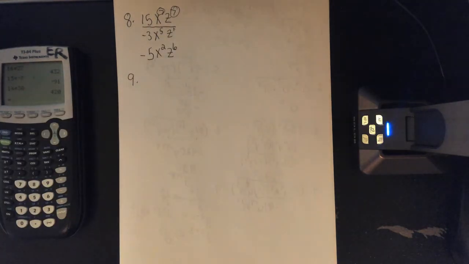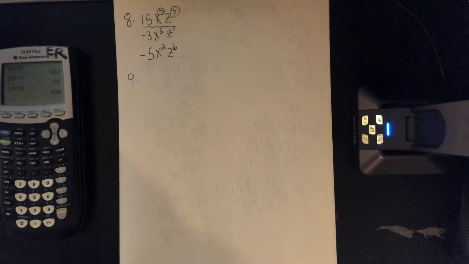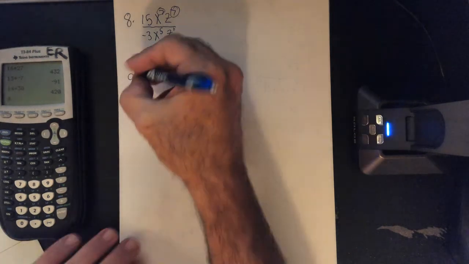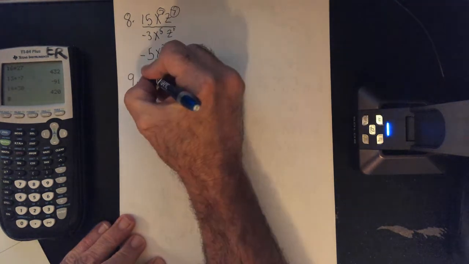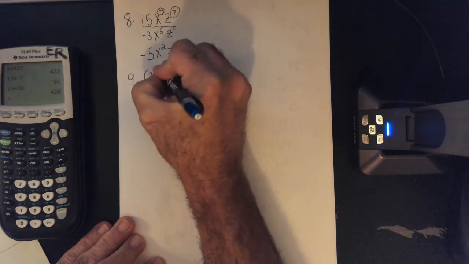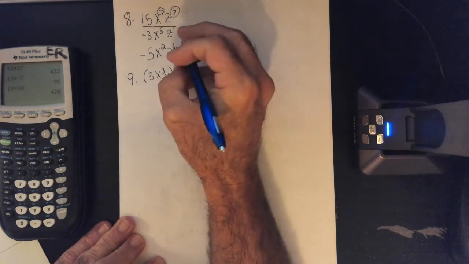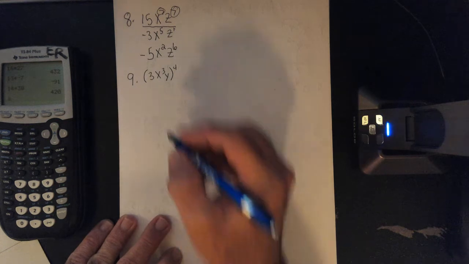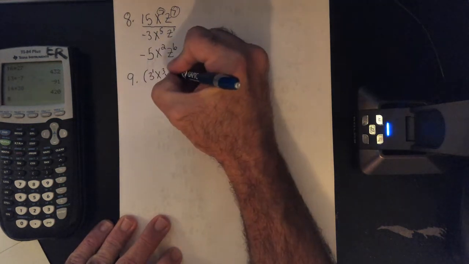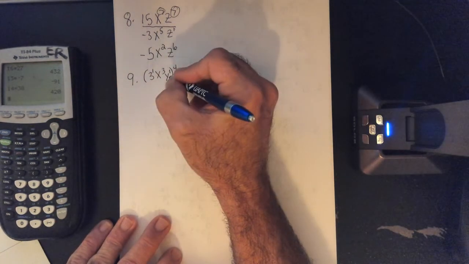Alright, moving on to number 9. Let me turn my page here. This one says simplify, write with positive exponents only. So I got 3 x to the third y, all to the 4th. We're going to use the power rule on this one. Put a 1 by the y and the 3 because they don't have exponents.